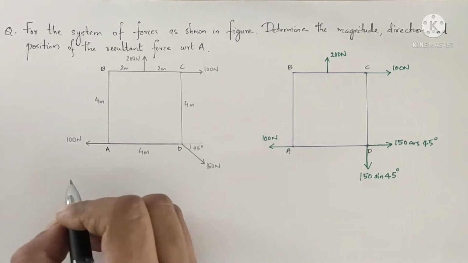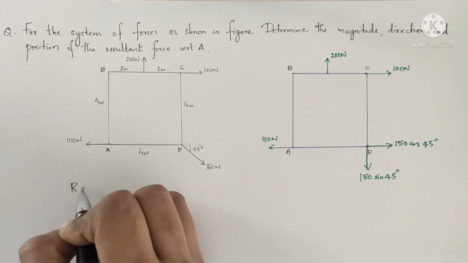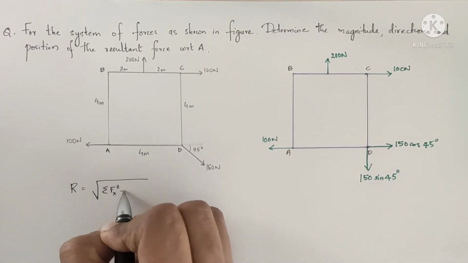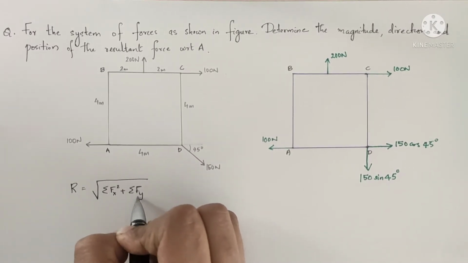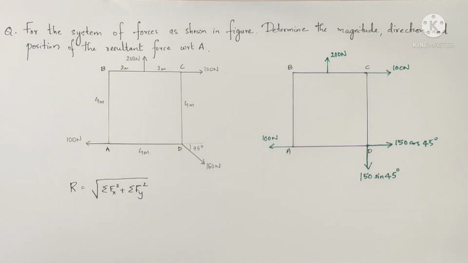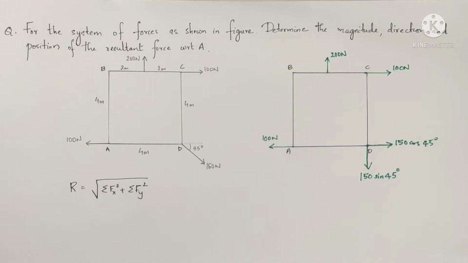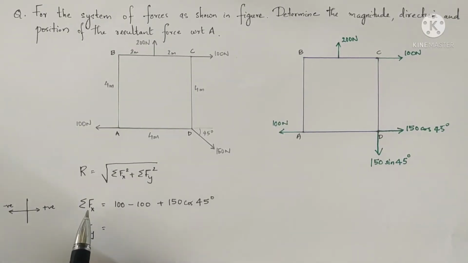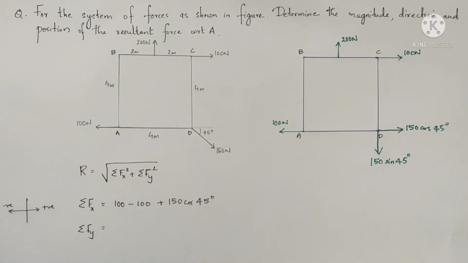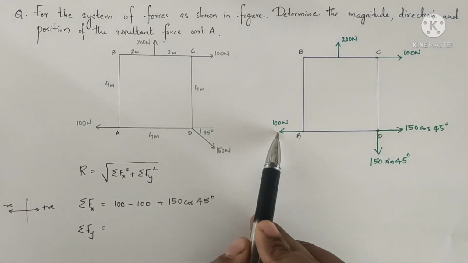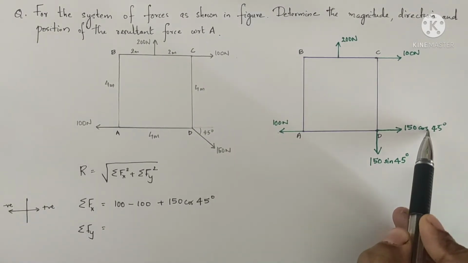Now let's find the resultant force. Resultant force R is equal to root of sigma fx square plus sigma fy square. Right? So let's find out sigma fx and sigma fy. To calculate sigma fx, we consider the forces along the x-axis or in the horizontal direction. So here we have 100 Newton and 150 cos 45 degree.